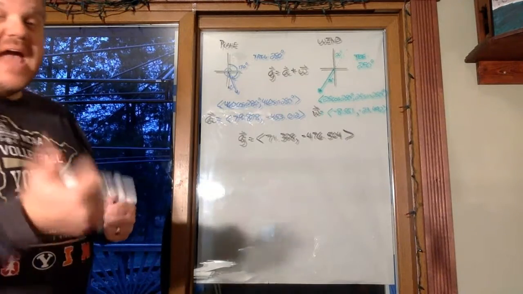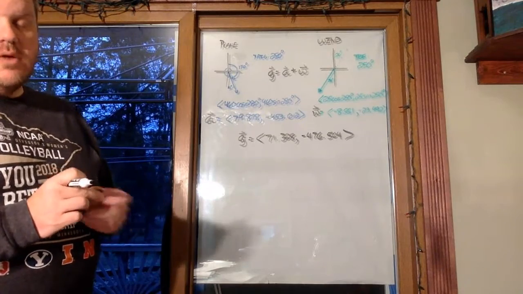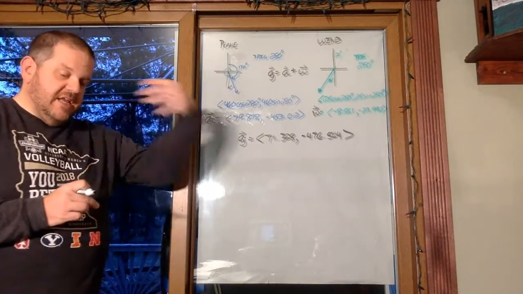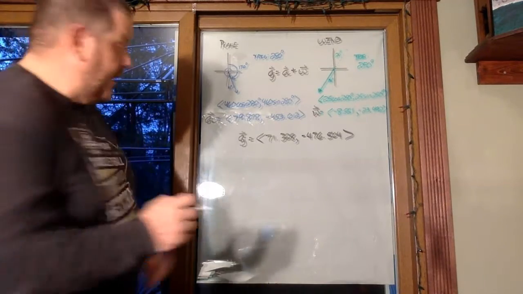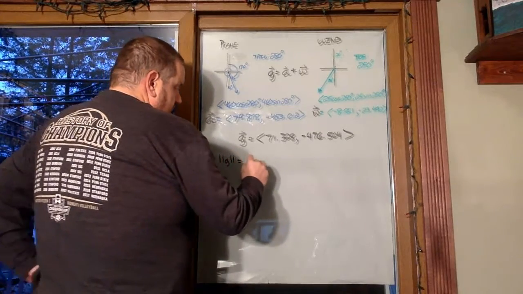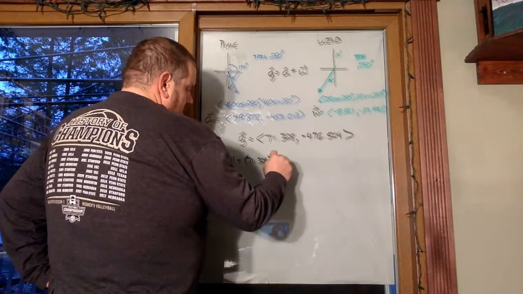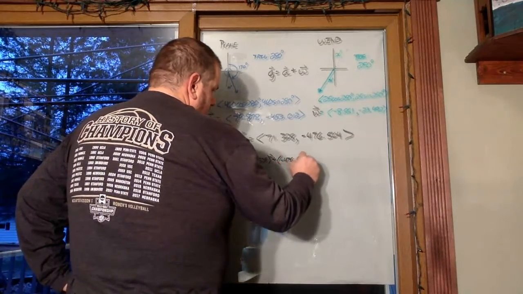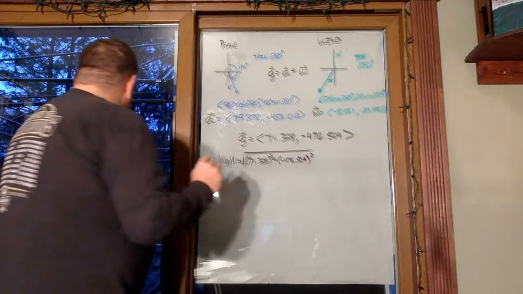So that's the vector we are going to be dealing with. We need to find the magnitude of it. That gives me my speed. We need to find its direction angle. I can utilize that to find then my bearing. Okay? So the magnitude of G is going to be square the X, square the Y, take the square root of it.